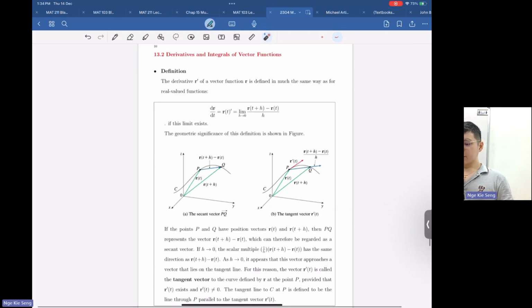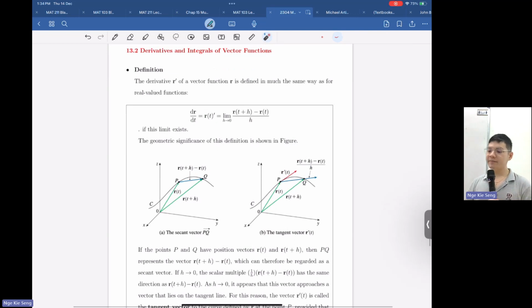Okay, next. We have come to the derivative here, and it is interesting now. Why? Because my function is vector valued now. So you need to take the limit of the difference of two vectors.